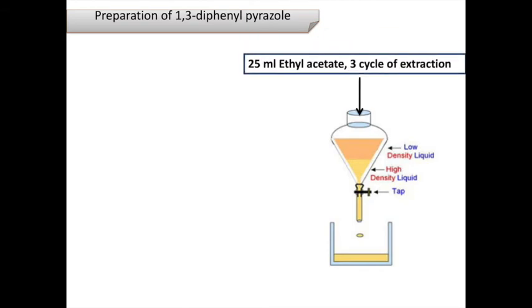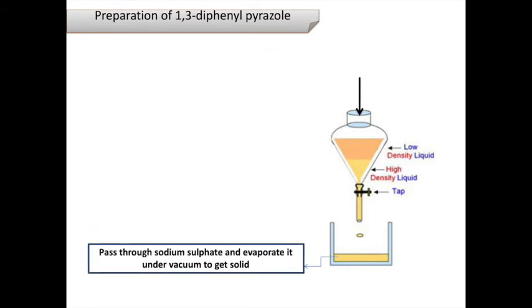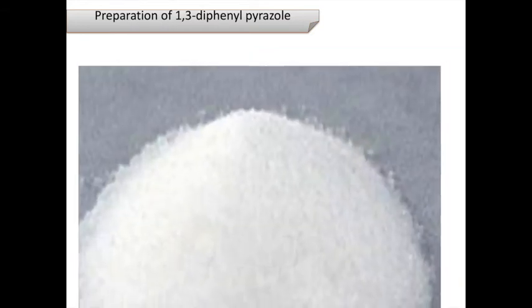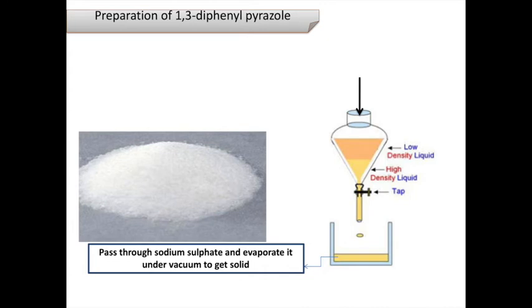After that, we combine the organic solution and wash it with water. Then we wash it with a saturated solution of sodium chloride, pass it through sodium sulfate and evaporate under vacuum.